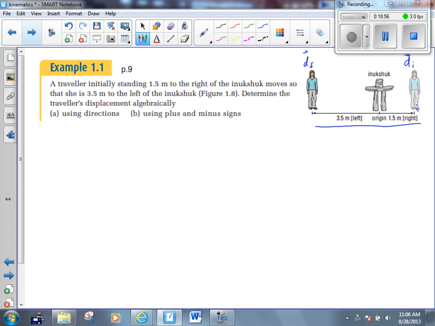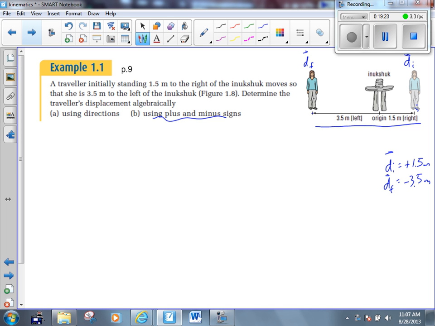How do we figure that out using algebra, using plus and minus signs? Let's say that DI is plus 1.5 meters, because we'll define right as positive. Let's say that DF is negative 3.5 meters, because it's to the left, and we'll define left as negative.